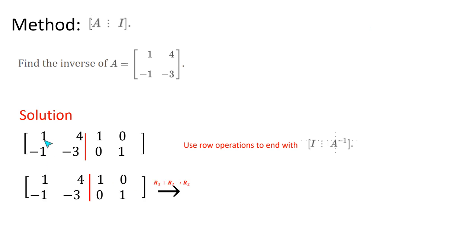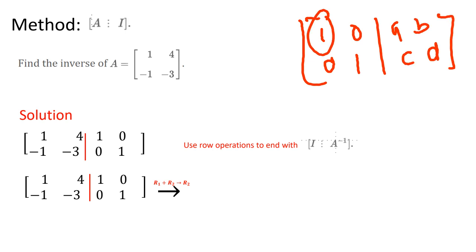If you notice from our goal, we already have the one that we need there. So let me write it out again. We already have this 1, so that's a good thing. We don't have to do much to make it a 1 because it's already a 1. But now I need to make whatever's below it a 0.